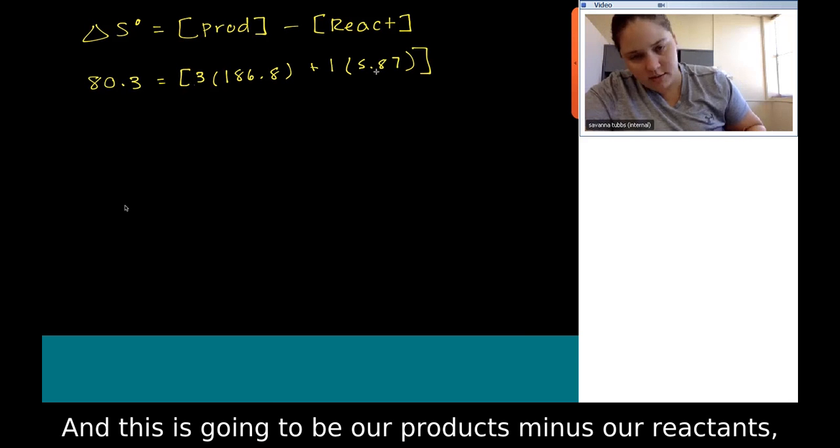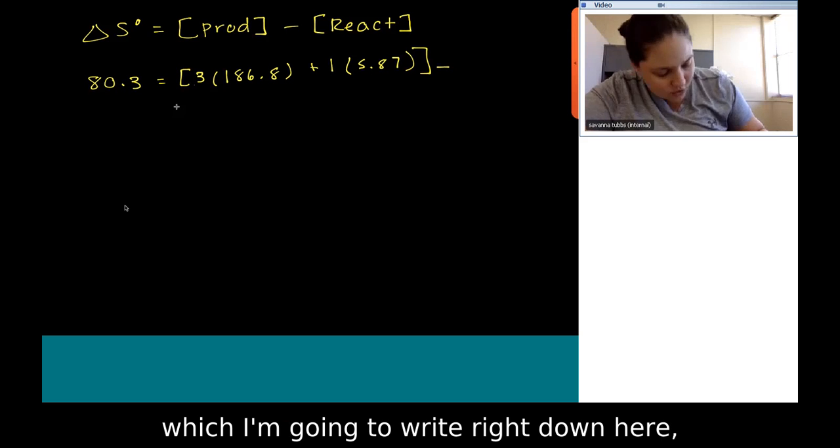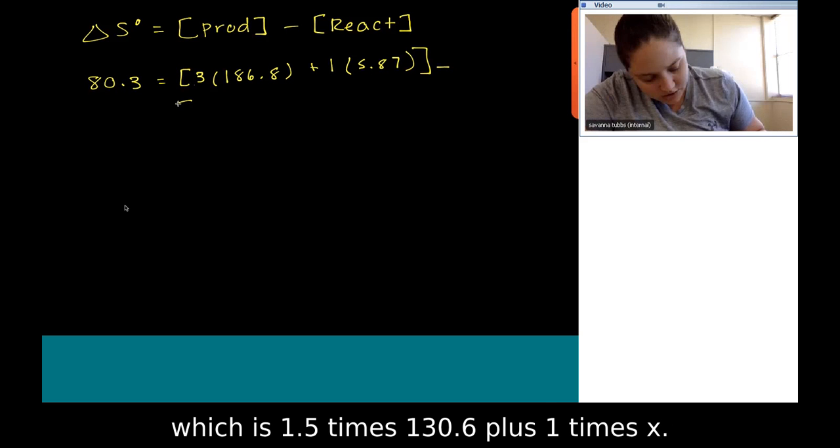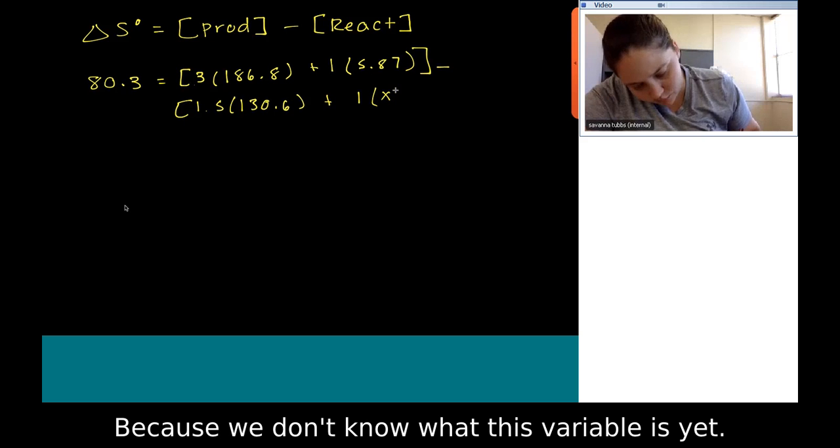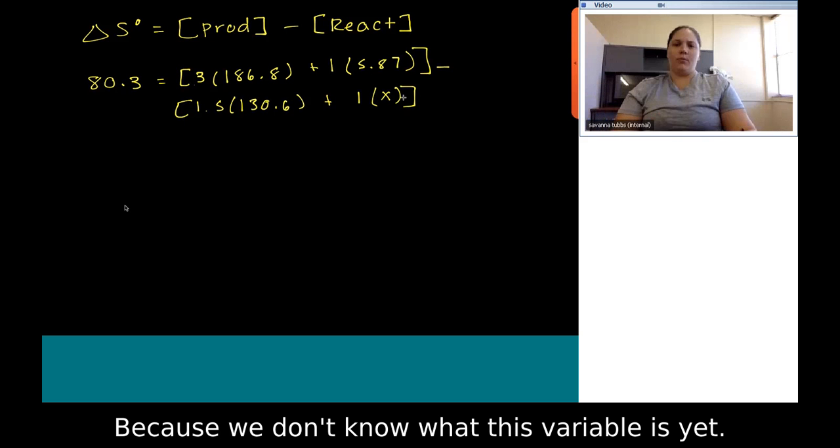And this is going to be our products minus our reactants, which I'm going to write right down here, which is 1.5 times 130.6 plus 1 times x, because we don't know what this variable is yet.